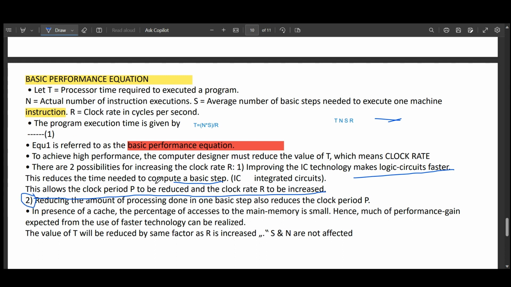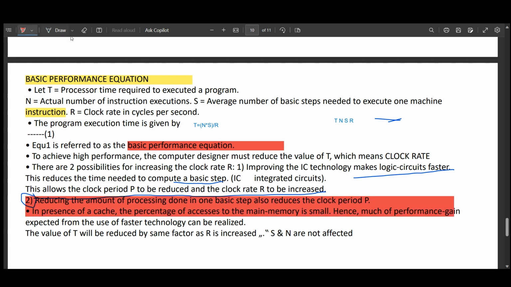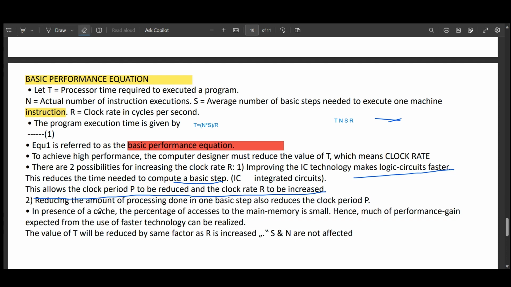Reducing the amount of processing done in one basic step also reduces the clock period. In simple terms, I will explain, don't get confused with all these definitions they have given here. Assume I have some lines of code for a program, and I'm taking more time in dividing them.